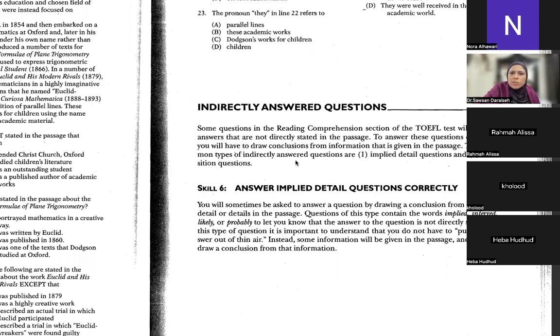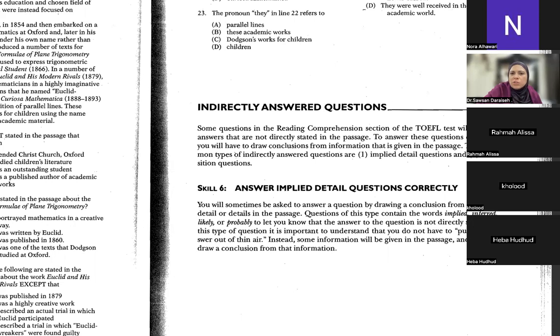Let's see. Some questions in the reading comprehension section of the TOEFL test will require answers that are not directly stated in the passage. Sometimes they will ask you to solve questions where the answer is not explicitly mentioned. It's not just guessing; when one reads, one can deduce what is required, based on what is said, in short, infer.